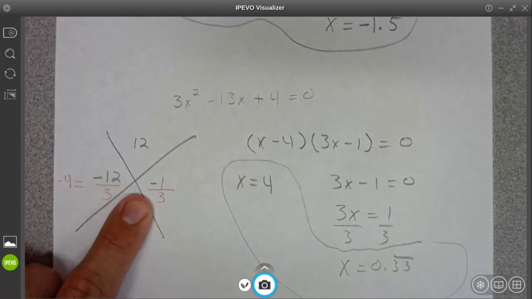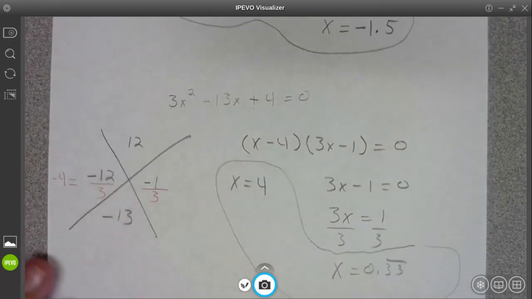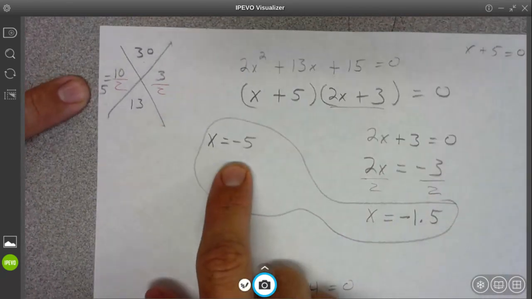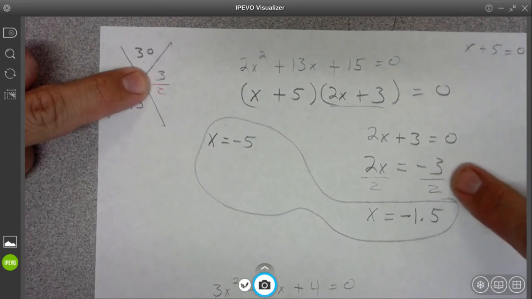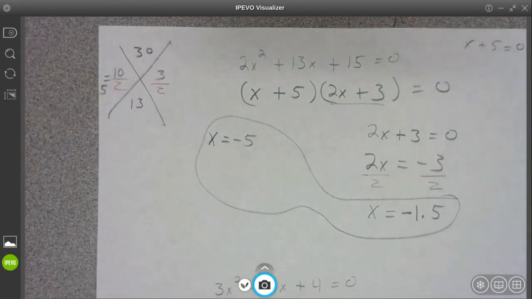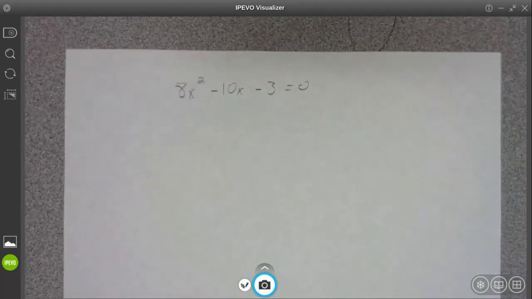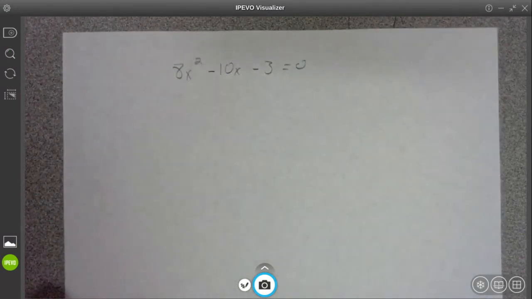If it was negative 1/3 here, we got positive 1/3 for our answer. It was the same thing up here. 5, negative 5. Positive 3/2, negative 3/2 is the answer. It gets confusing. And it'll get even more confusing later because we haven't exactly got to the big polynomial buildup to where we're headed. So if you want to remember that, you can remember that. If not, it's fine. Actually, I'm going to go ahead and finish up with this example here. I'll make a long video.